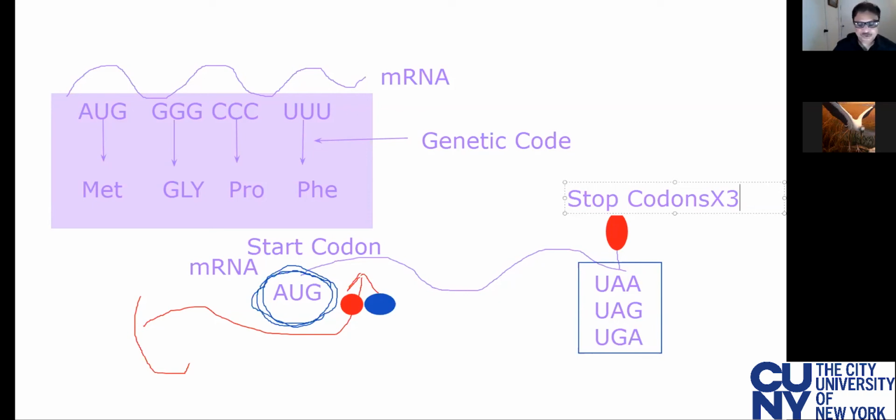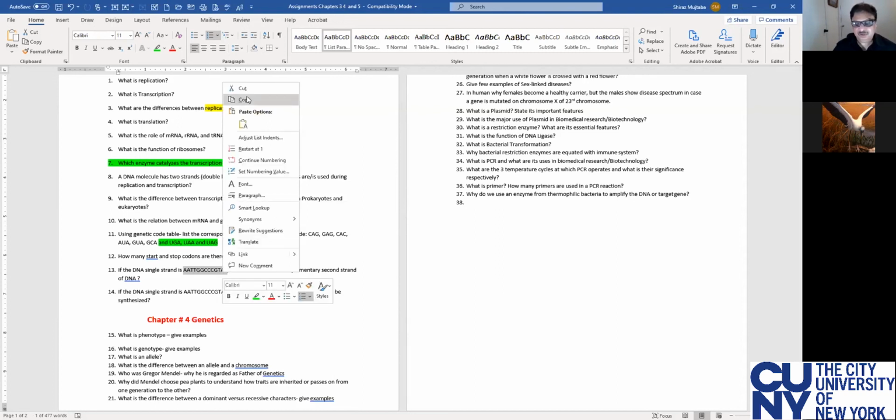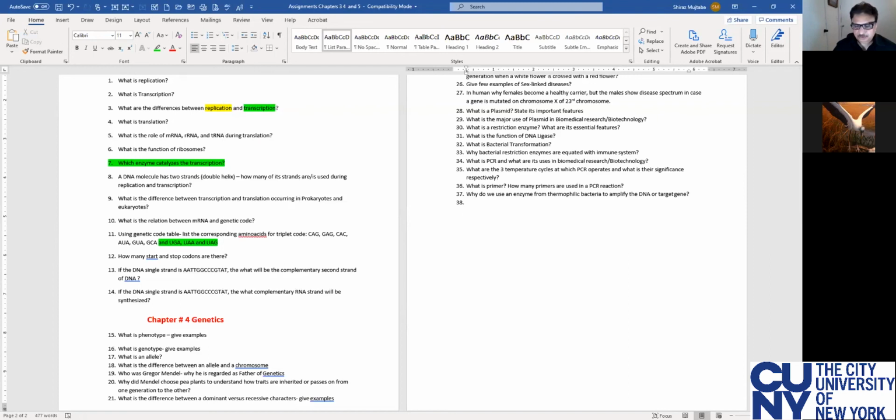What's the next question? Yeah. So if the DNA strand is written as this, AATT, what will the second strand be? Let me copy and paste this. I don't think I can paste it on the Google slide, so I'll do it here.